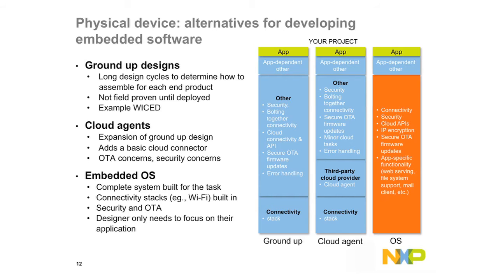So there's a third option, and the third option is to actually choose a company that's done an OS that has everything integrated. Now, Mbed, except for the connectivity piece, you'd still need, say, Wicked plus Mbed would be an example of that solution, where Mbed is actually trying to combine everything together and offer it for free as a tool chain with their CryptoBox, which is essentially a bunch of cryptographic algorithms.